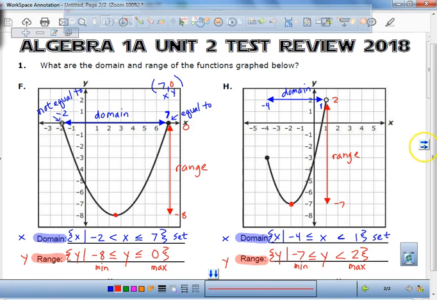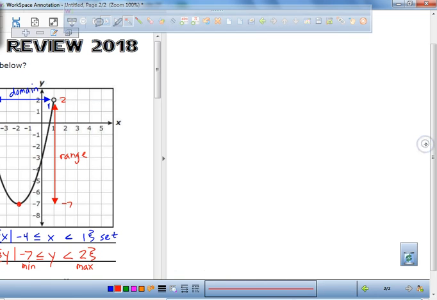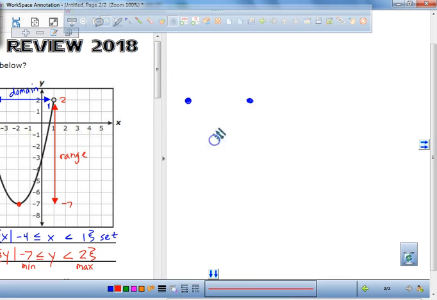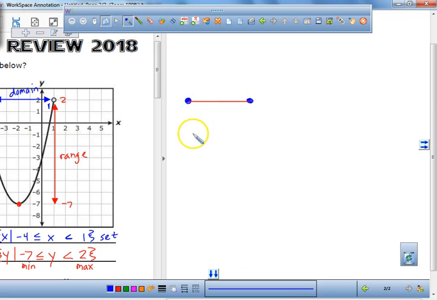Okay? Alright, we're going to do a quick little example of what you need to be aware of. So let's say I had a closed circle and another closed circle, and the graph was being plotted everywhere somewhere in between. What's another combination?